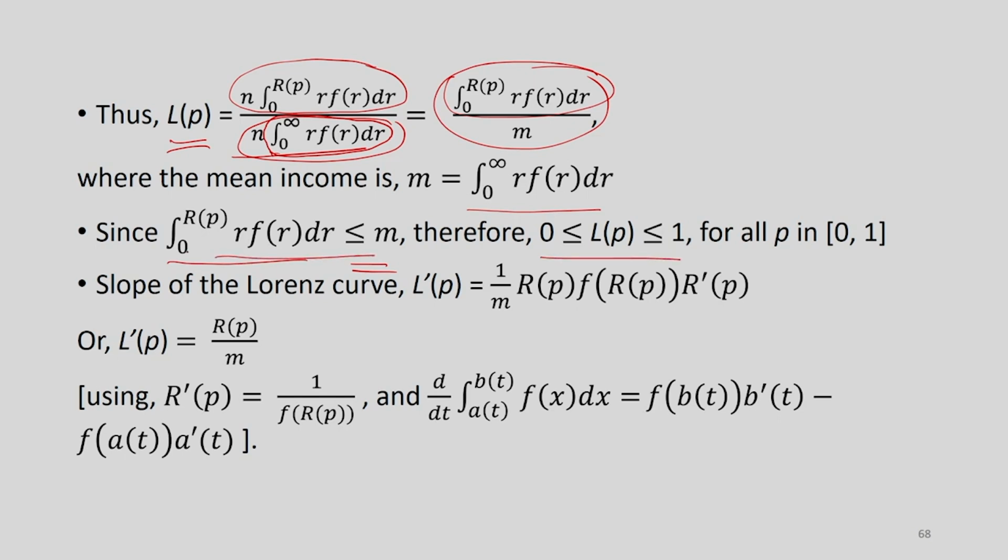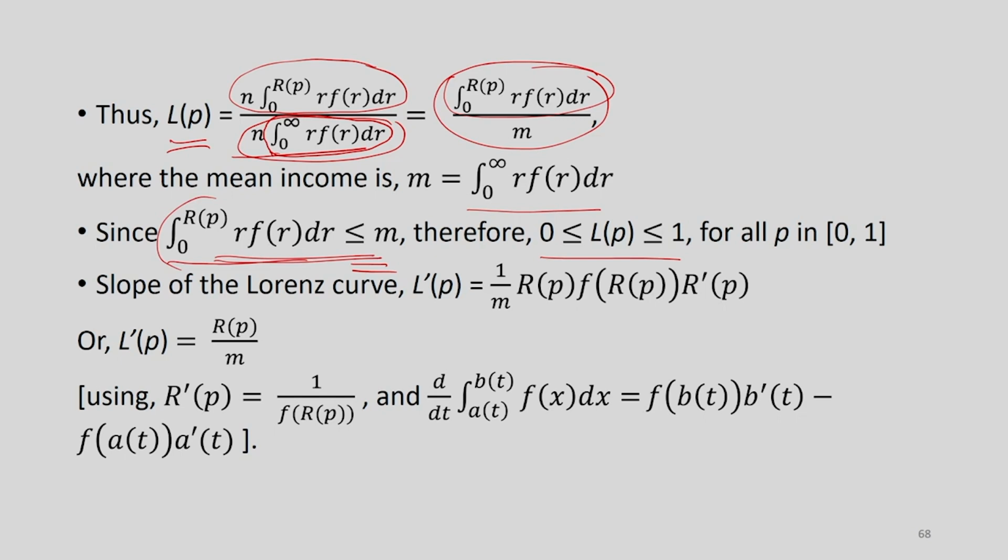Because when you are taking R_p, you are taking a population group which is not the entire group, but some part of the population which is a little bit poorer than the entire group, because we are taking the bottom sections of the population, remember. So if I take the entire population in this group, then it will become equal to M, but in general it will be less than M.